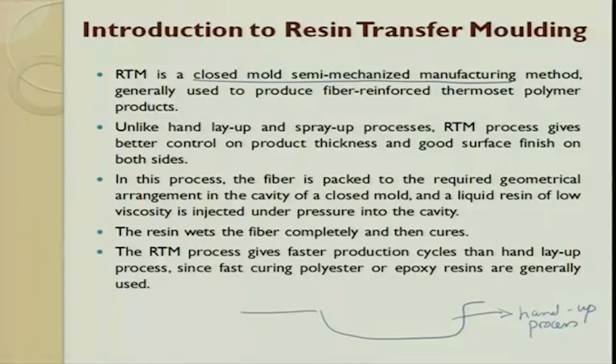By looking at the design I have drawn, you will quickly understand that if you want to make something like a boat, you can make it; it is an open mold process. In resin transfer molding, we will have one more counterpart. This is called closed molding. So what is the advantage of the closed molding process? Both the bottom surface and the top surface get the textures and smoothness of the die surface transferred to the mold surface.